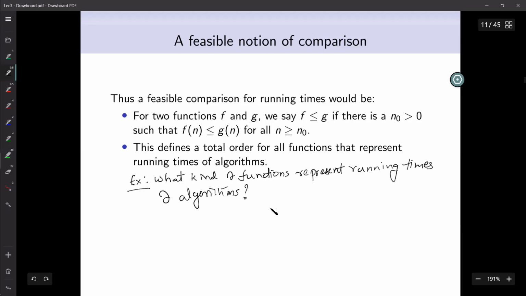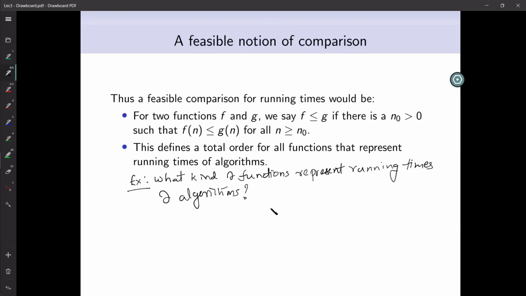Say sin x or sin n, would it represent running time? Well, no. Running time is something that, as n increases, should also increase. So it should be an increasing function. An increasing function defined over integers or natural numbers should be the right choice. I leave it to you to think about this.